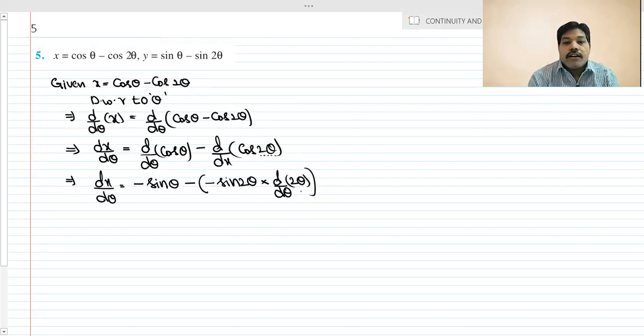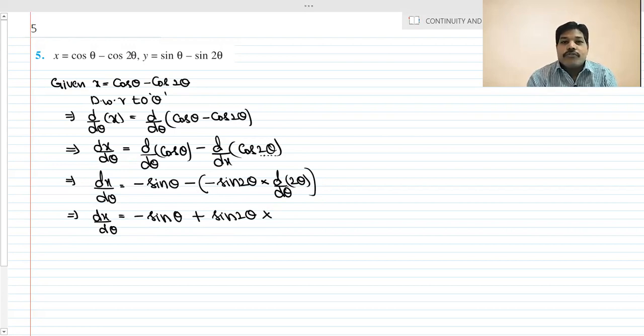Do you understand that? So the derivative of cos f of x is minus sine f of x into f dash of x. So what is f? f is nothing but 2 theta. So that implies dx by d theta is equal to minus sine theta, minus of minus, plus sine 2 theta into the derivative of 2 theta.